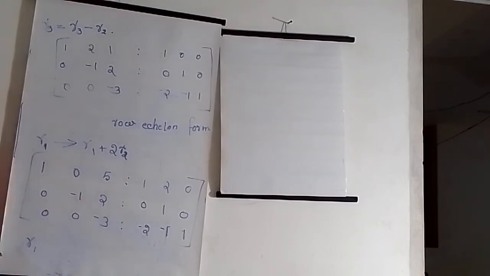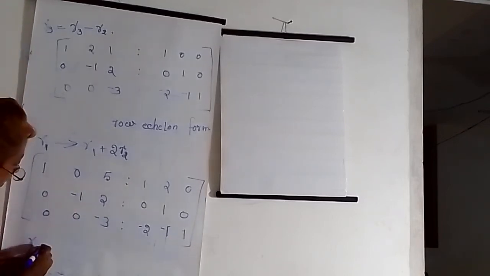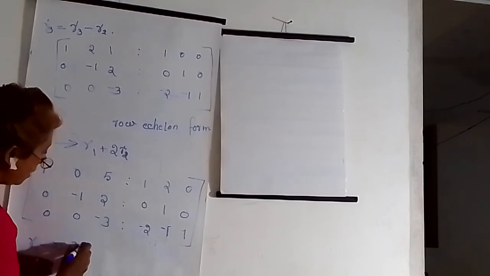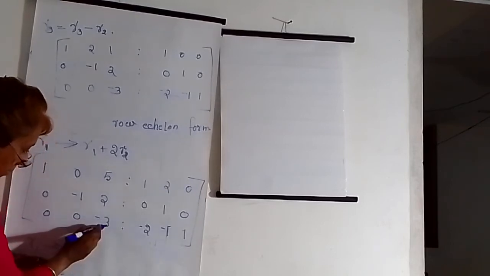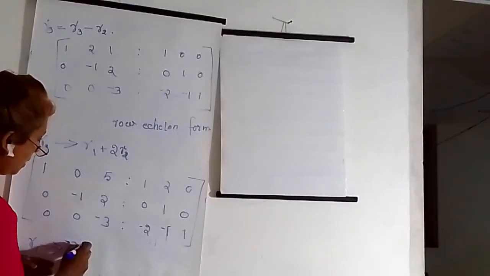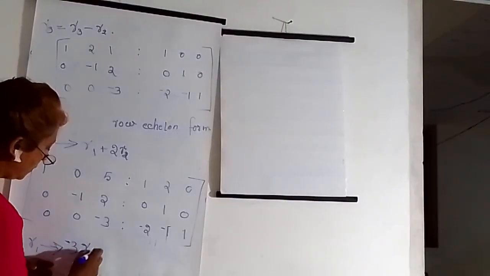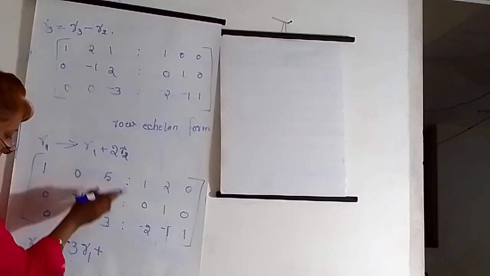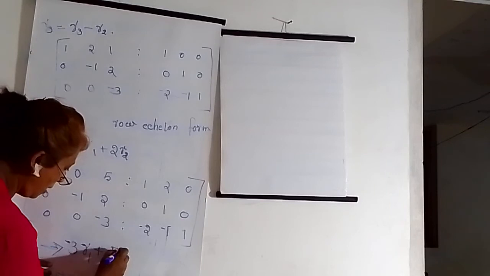That is our aim. So R1 is now changing to negative 3 R1 plus 5 R3.